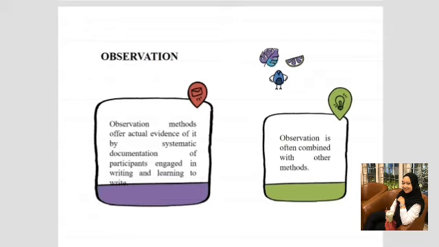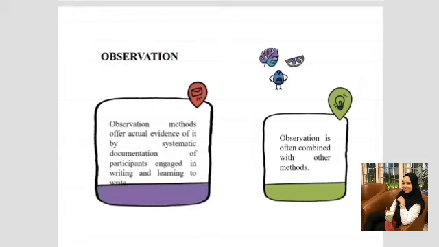Next, we come to the observation. Like the explanation before, while elicitation and introspective methods provide reports of what people say they think and do, now observation methods offer actual evidence of it by systematic documentation of participants engaged in writing and learning to write.